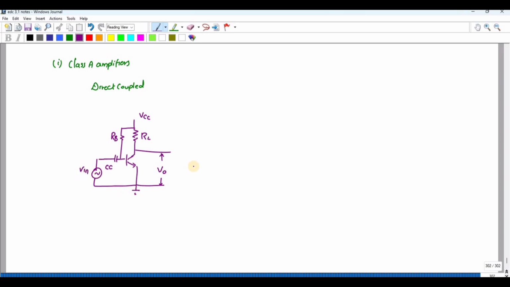As I said earlier, we need to plot the curve VCE versus IC. VCE is the collector to emitter voltage, and IC is the current flowing here.